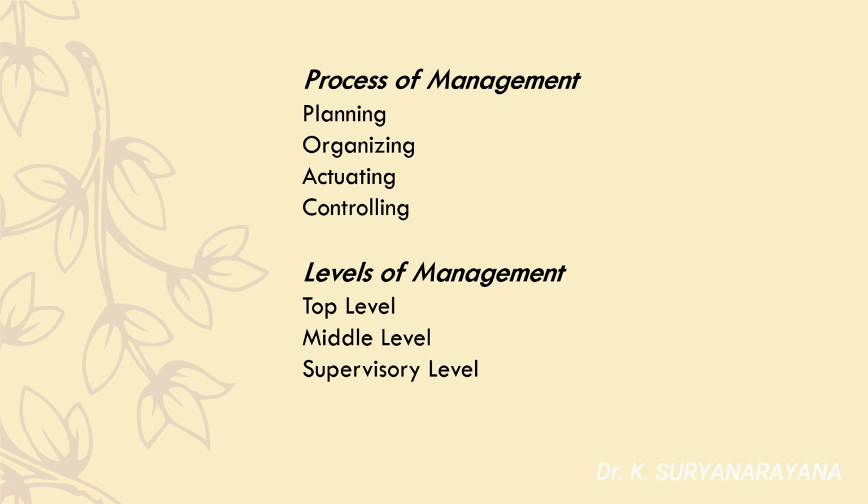The human resources of an organization are arranged in a hierarchy, and they all have the relationship of superior and subordinate, except the person at the topmost position who is superior alone, and the person at the lowest level who is the subordinate alone. There are three levels of management: top level, middle level, and supervisory level.